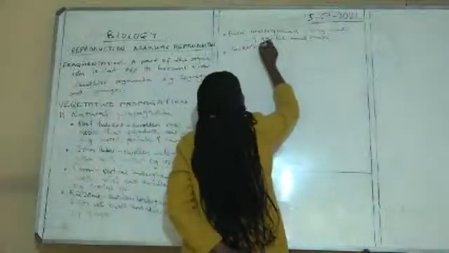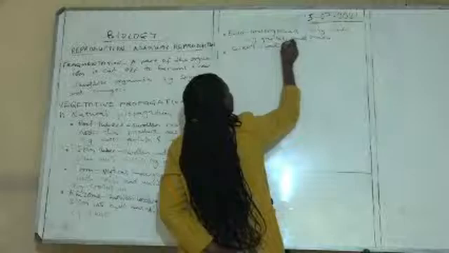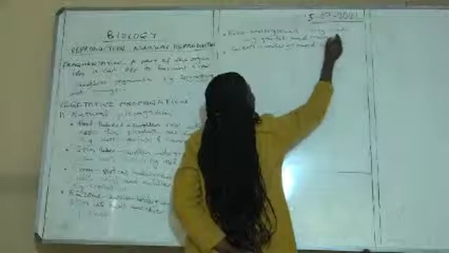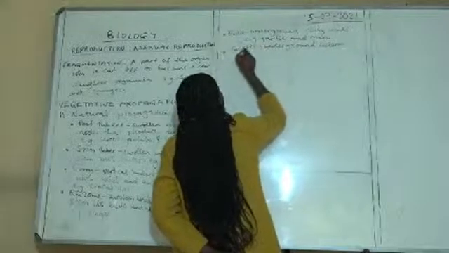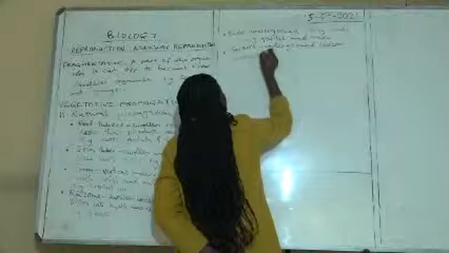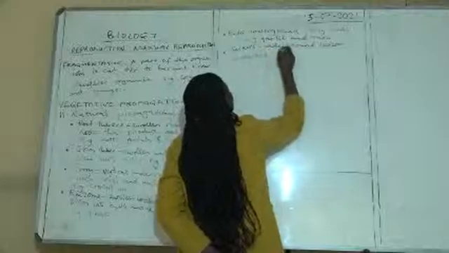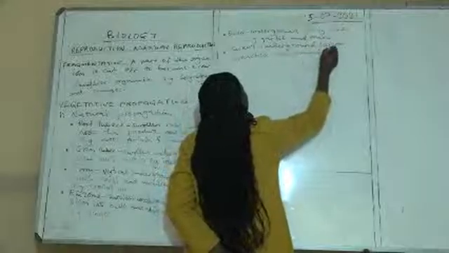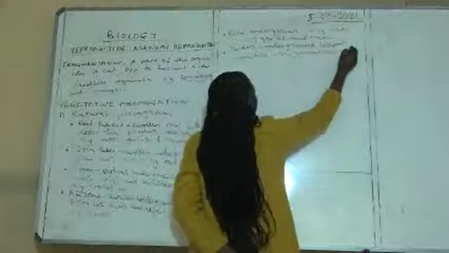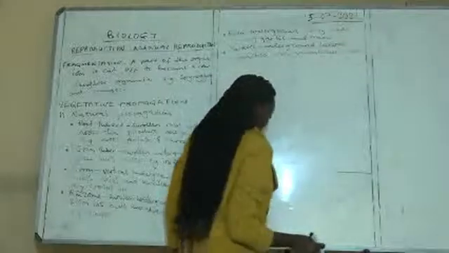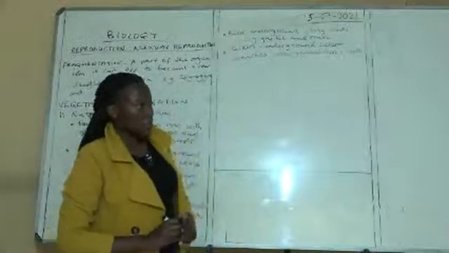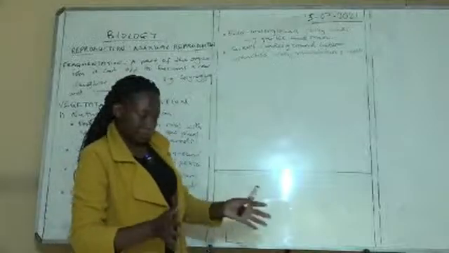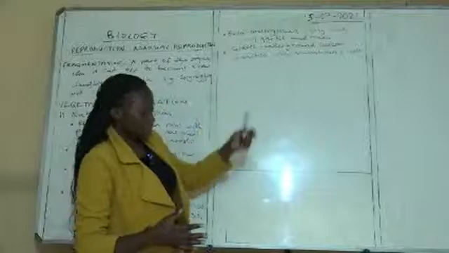So these are underground, lateral branches with adventitious roots, nodes and buds from where new branches can branch off.